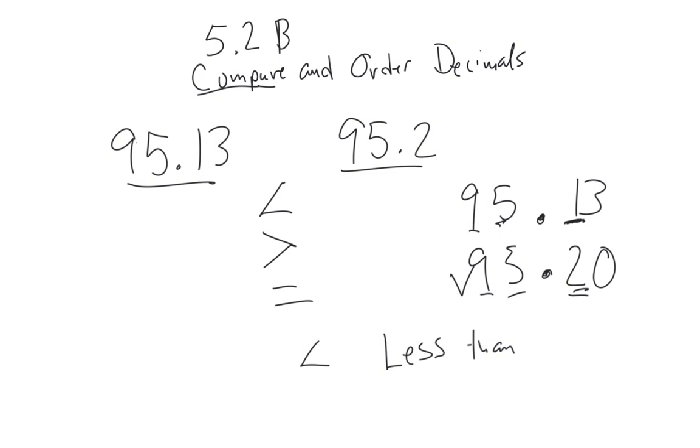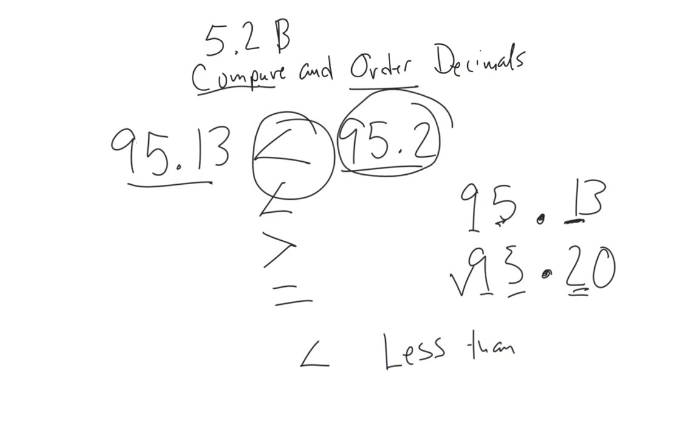So if we're comparing these two numbers, 95 and 13 hundredths is less than 95 and 2 tenths. That would be your answer there. This would be your bigger number. All right, let's look at another example.